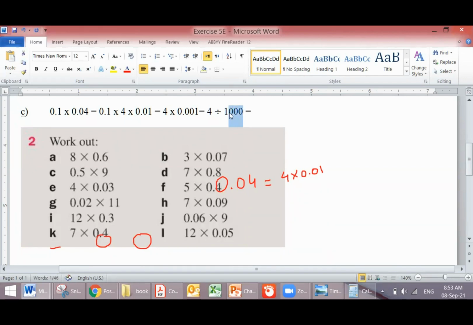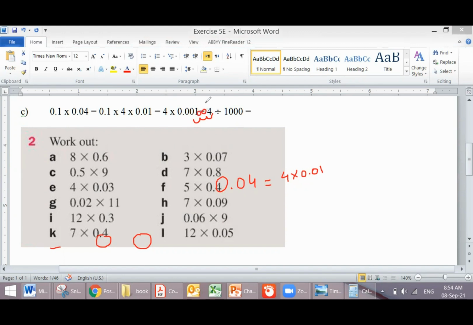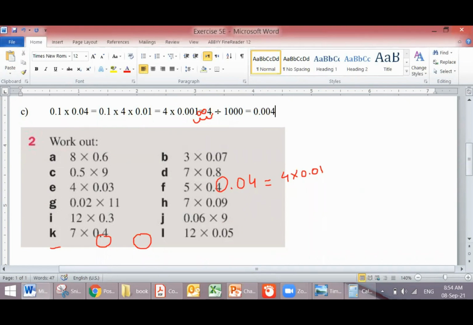So now I can put my decimal point, which is here. I can put 3 values to the left, and I will put zeros here. So it will be 0.004. It will be its answer.